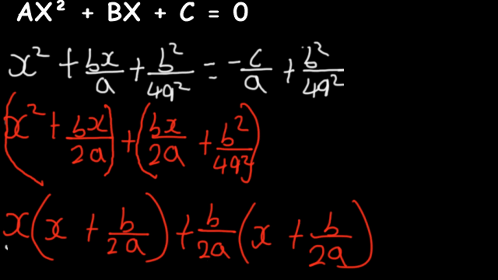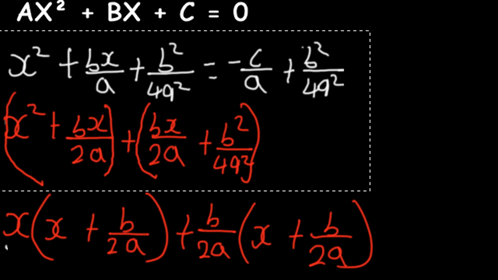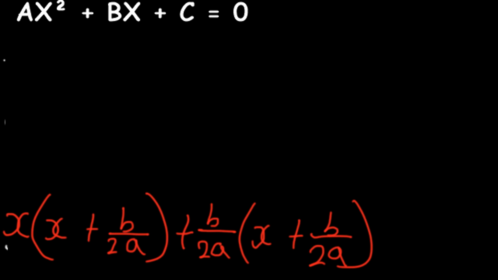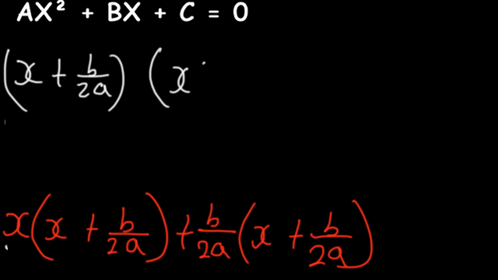So it means we are going to have x plus b over 2a multiplied by x plus b over 2a. Now, we will observe that these two expressions turn out to be the same.